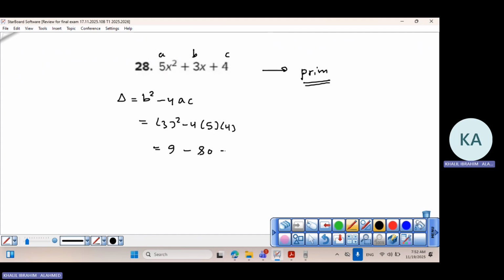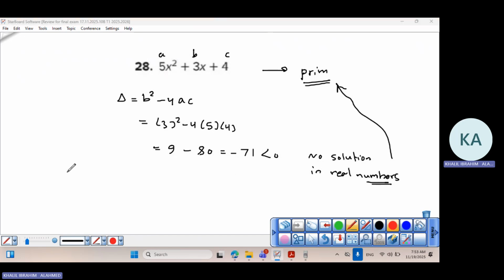The answer equals negative 71, less than 0. No solution in real numbers. That means we have a complex or imaginary number, so yes, prime. Be careful about the question.